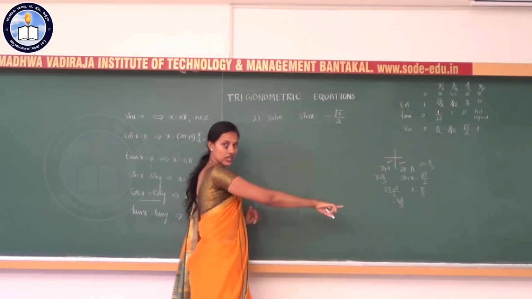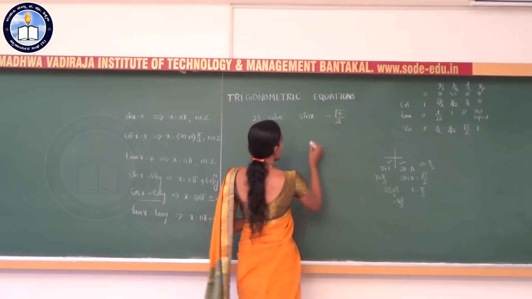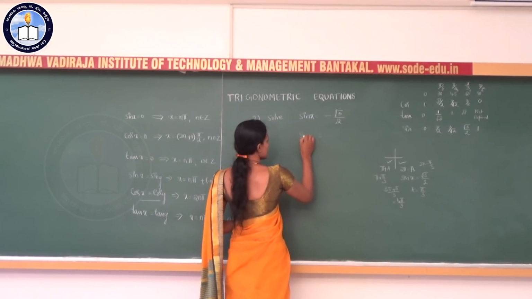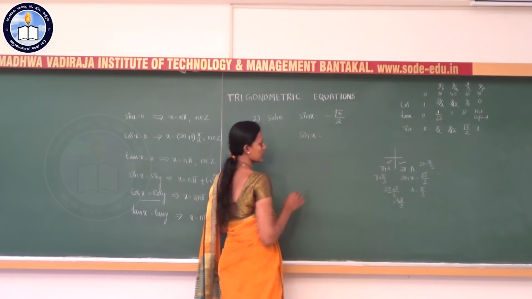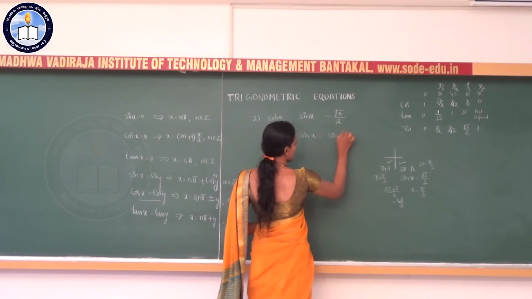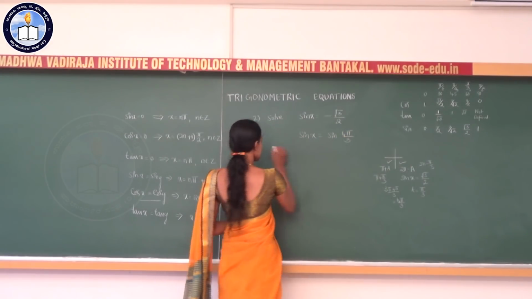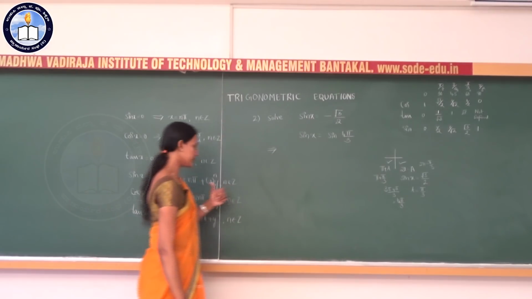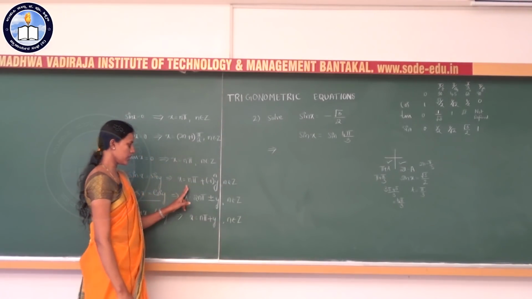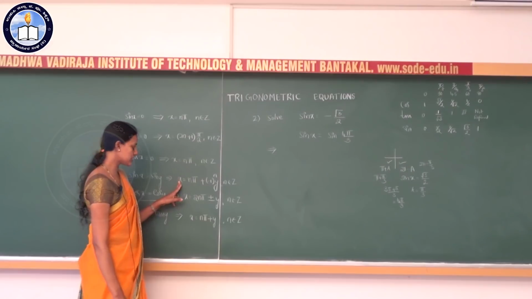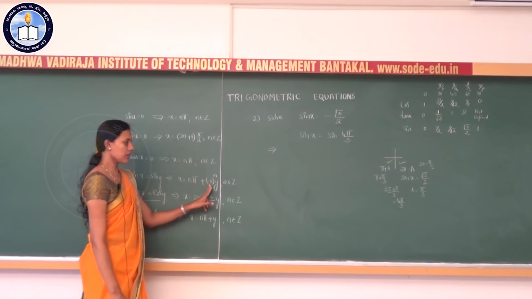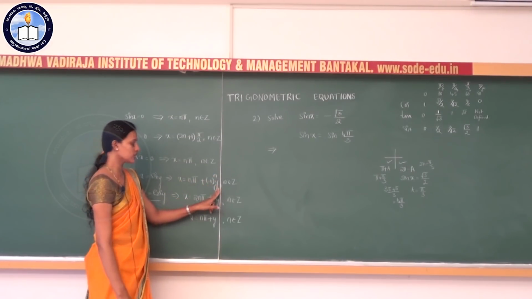So we get one principal solution, and then we can rewrite the equation as sin x is equal to sine of 4 pi by 3. Hence, using the theorem, we can write the general solution. The general solution is x is equal to n pi plus minus 1 to the power n into y.